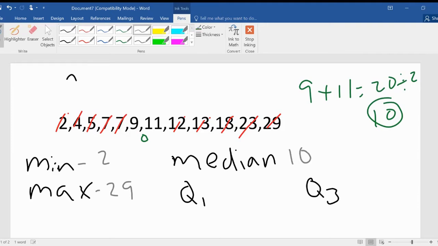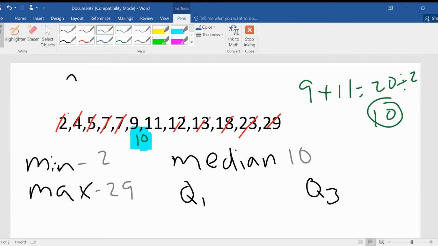Now to get Q1, the lower quartile, we mark off the middle number between the median and the minimum.